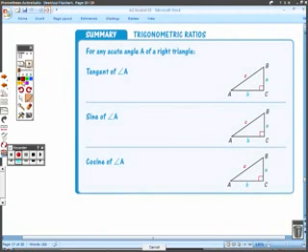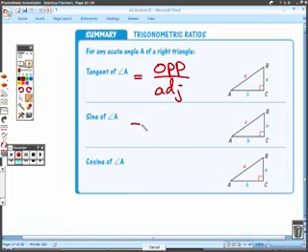All right, so here's a summation of the 3 trigonometric ratios that we've had. Tangent equals the opposite over adjacent. Sine equals opposite over hypotenuse.